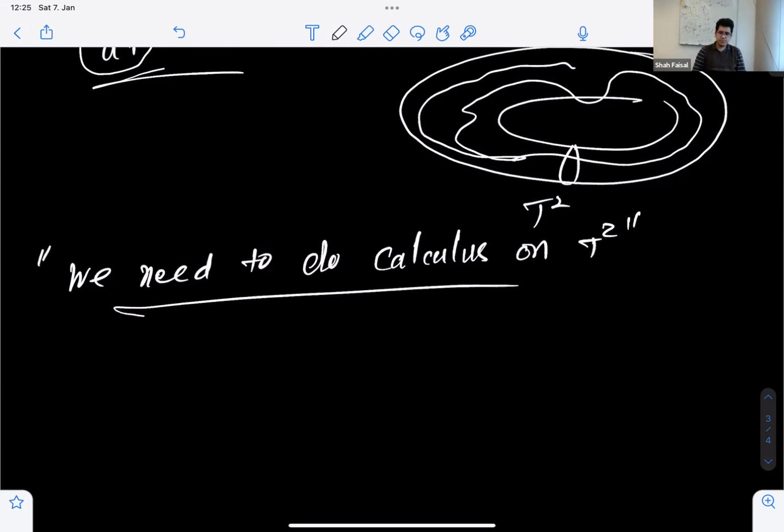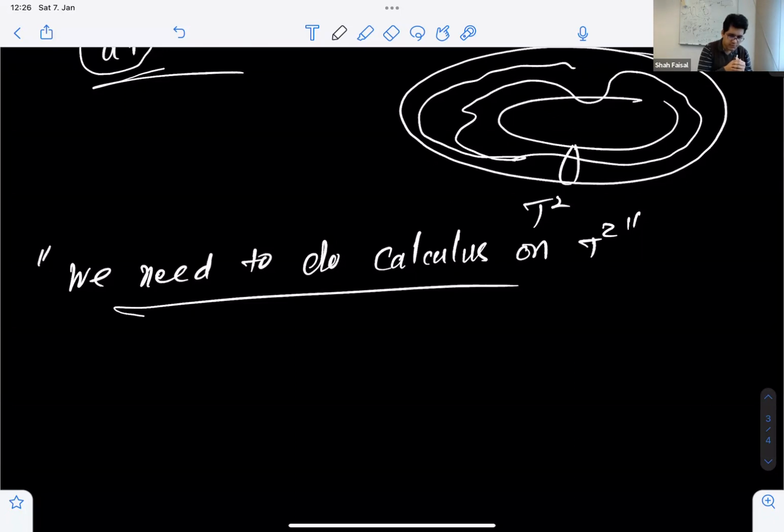So the moral of the story is the calculus you have in the Euclidean space is not everything. There are problems where you need to do this calculus on more curved objects like the surface of a donut, the surface of a sphere, and probably more complicated objects.